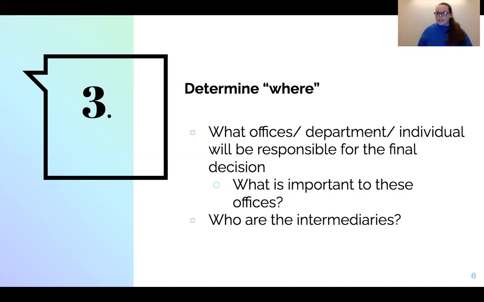It's also important to consider what is important to that office, what is important to that department, that individual. Basically, what do they care about? What is going to convince them that this is something that they should do? So if we're talking about diversifying the curriculum, as an example, maybe something to think about is the idea of retention. Diversifying the curriculum is going to make students want to stay at my school, at my university. Maybe what you want to think about is campus culture or community culture.